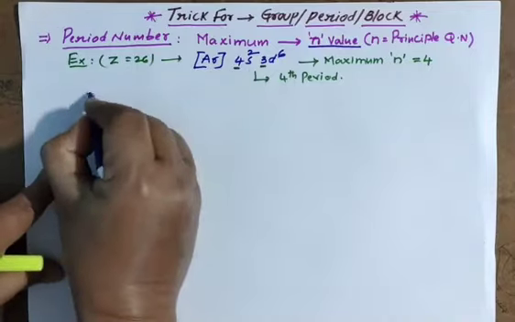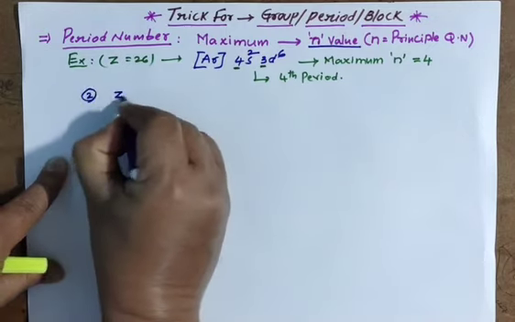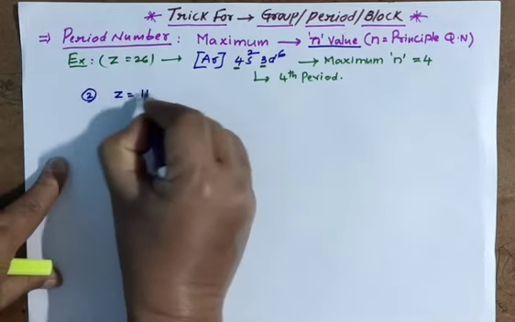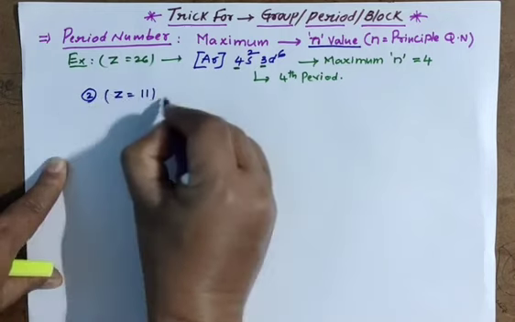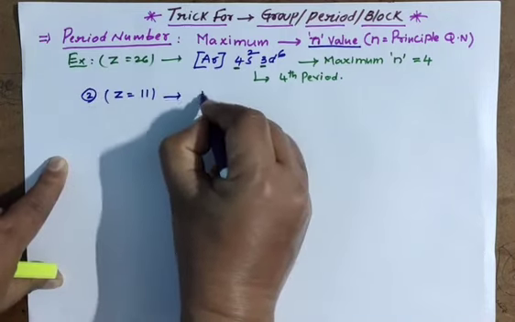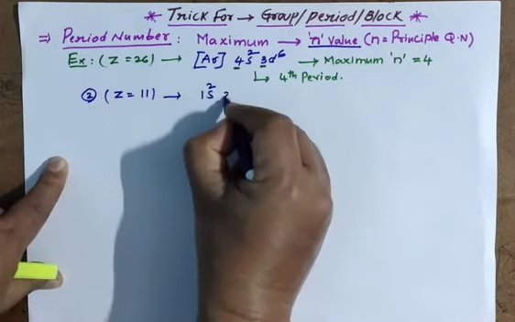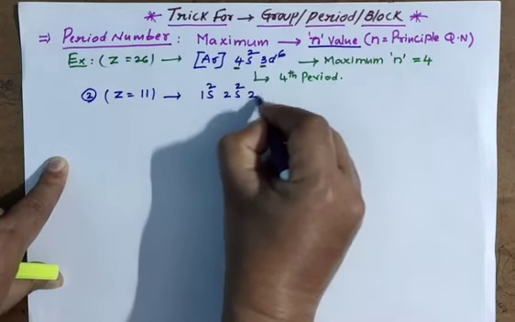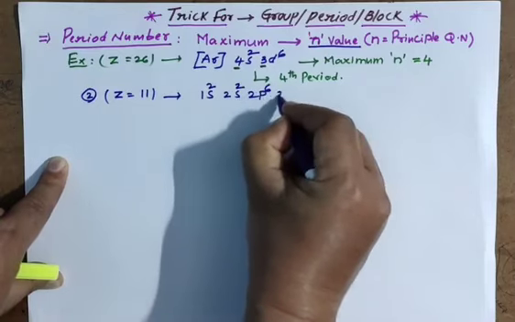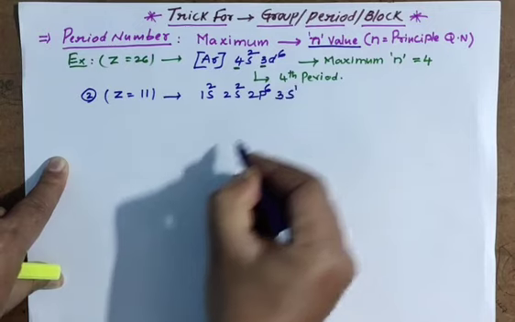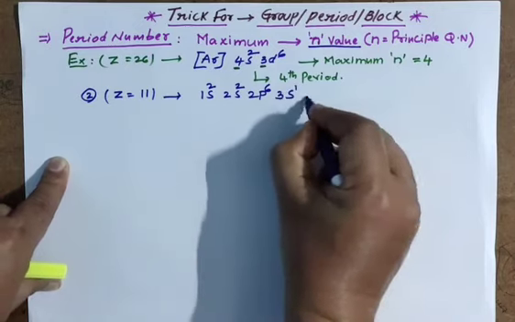Go for example number 2. I am taking Z equal to 11, means sodium. You know 1s2, 2s2, 2p6, 3s1. This is sodium.